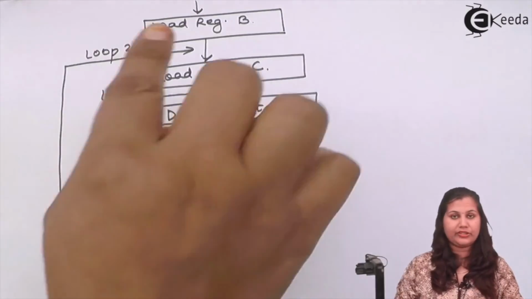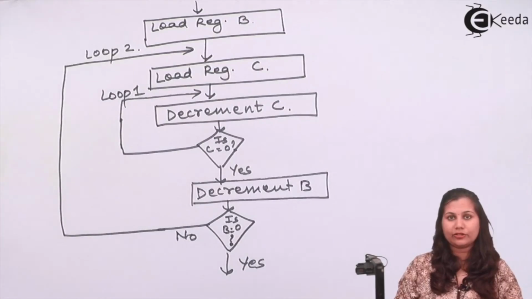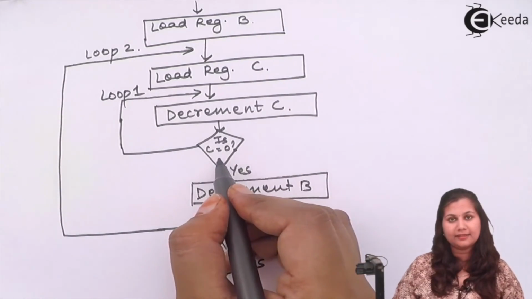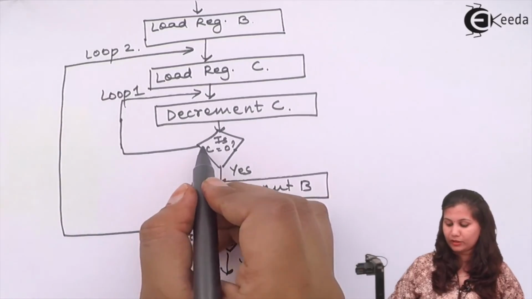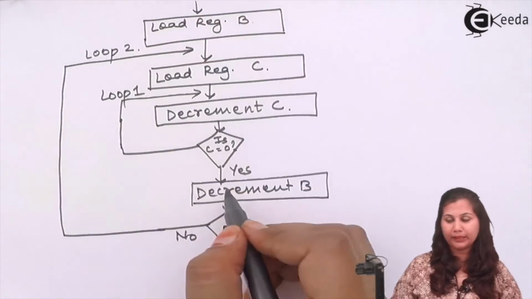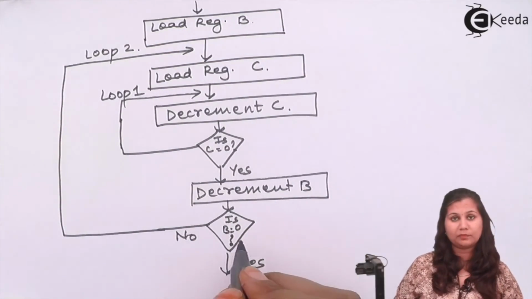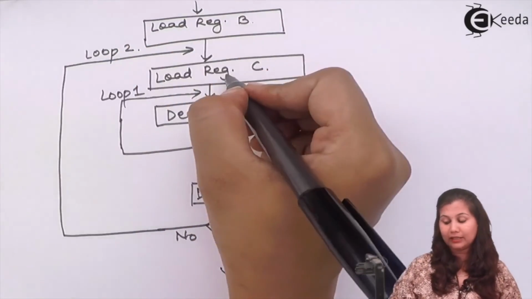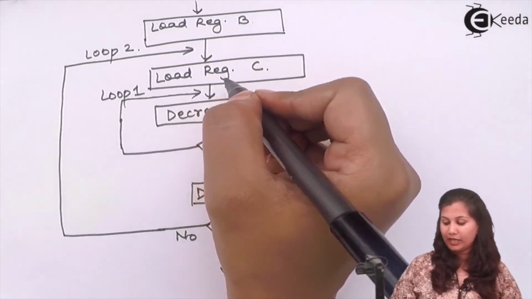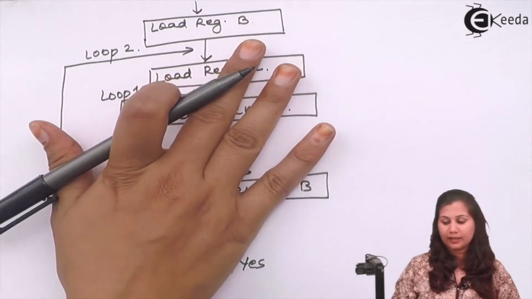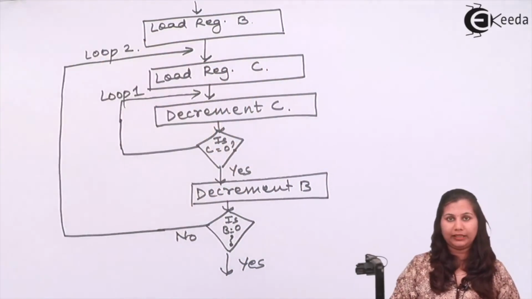First we are loading the register B with the count 38H, and then we are loading the register C with FF. Then we are decrementing the C register, checking whether the C register is 0 or not. If it is not, then decrement it. If it is 0, then decrement register B and check whether register B is 0. If it is 0, then come out of the loop. If it is not 0, then again load the C register with FF and decrement it. So this is how the loop within a loop technique introduces the time delay.